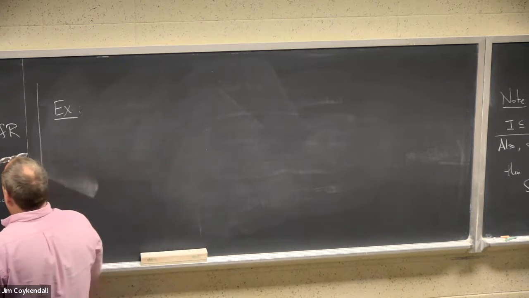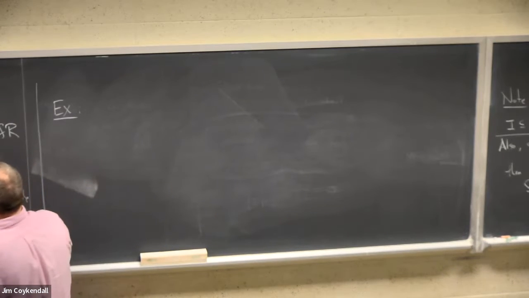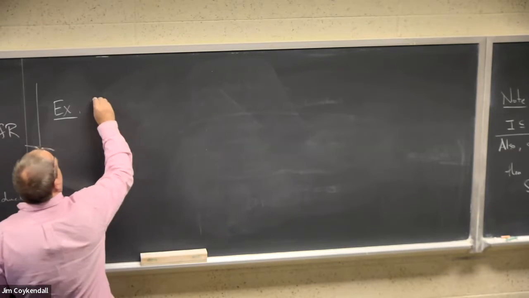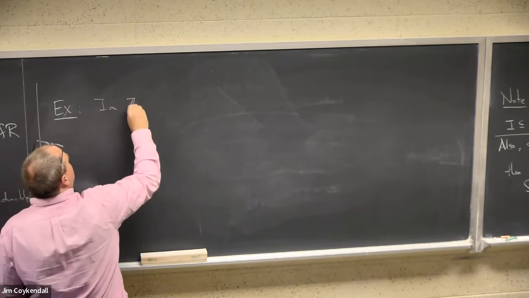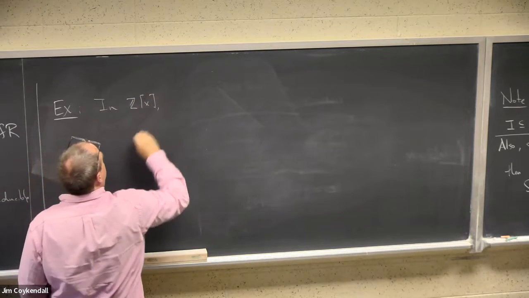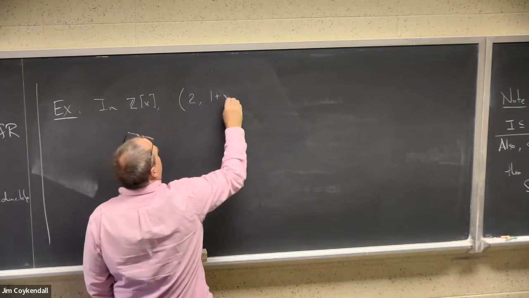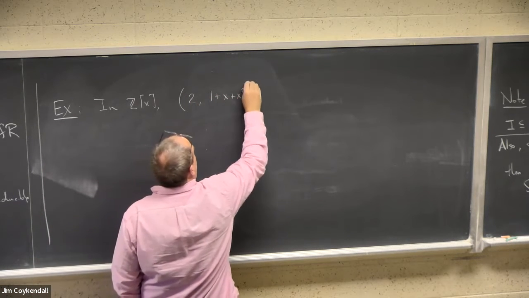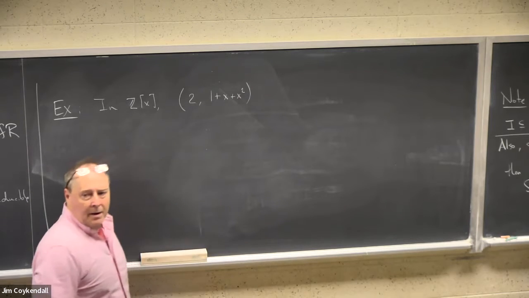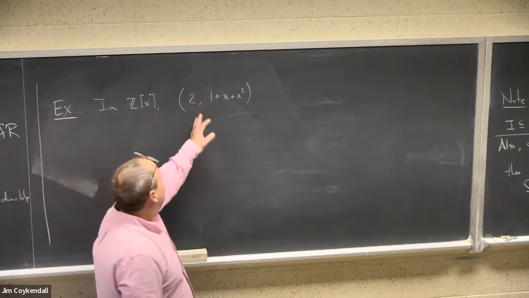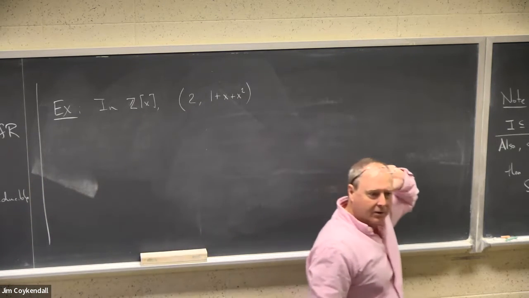So for example, if you look at N, CX, this is such a maximal ideal, as a matter of fact.